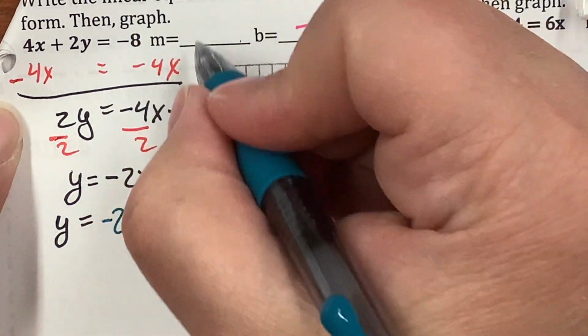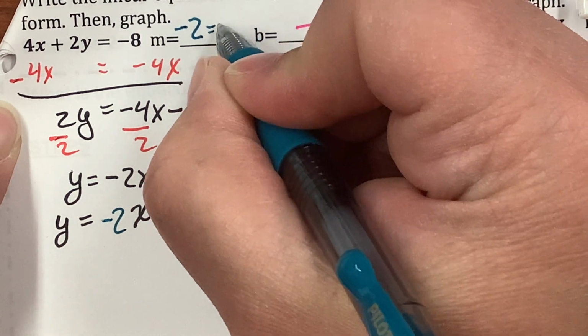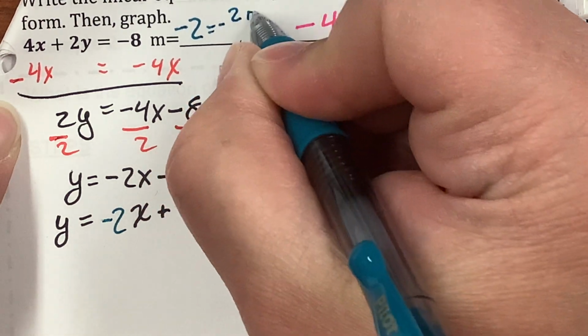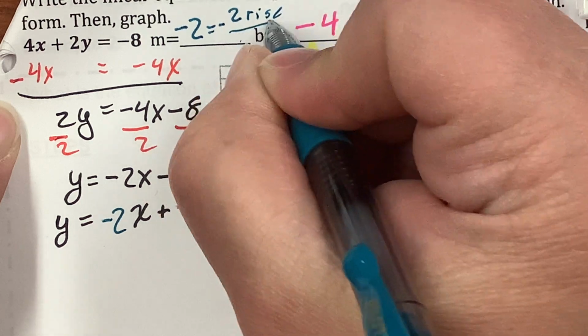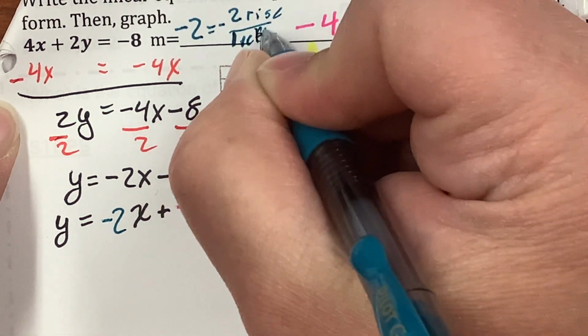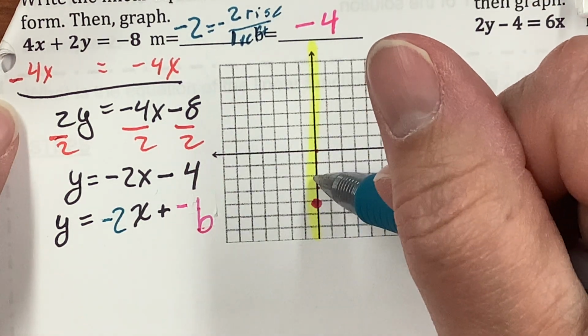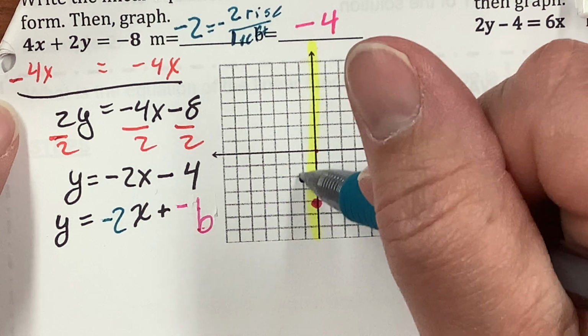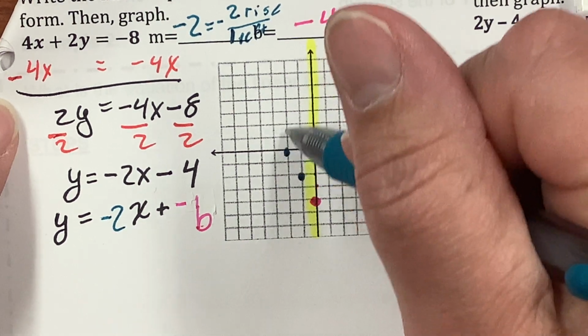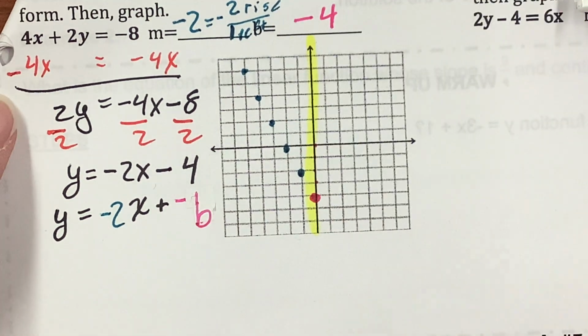Now my slope is negative 2, which is negative 2 rise over 1 left. Remember, when it's negative, you go left. So rise 2, left 1. Rise 2, left 1. Up and to the left, all the way across.